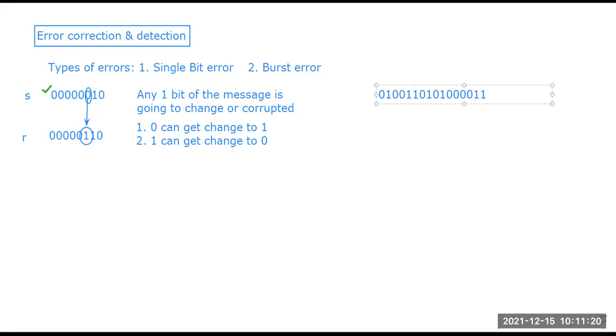So burst error occurs when multiple bits are getting changed.